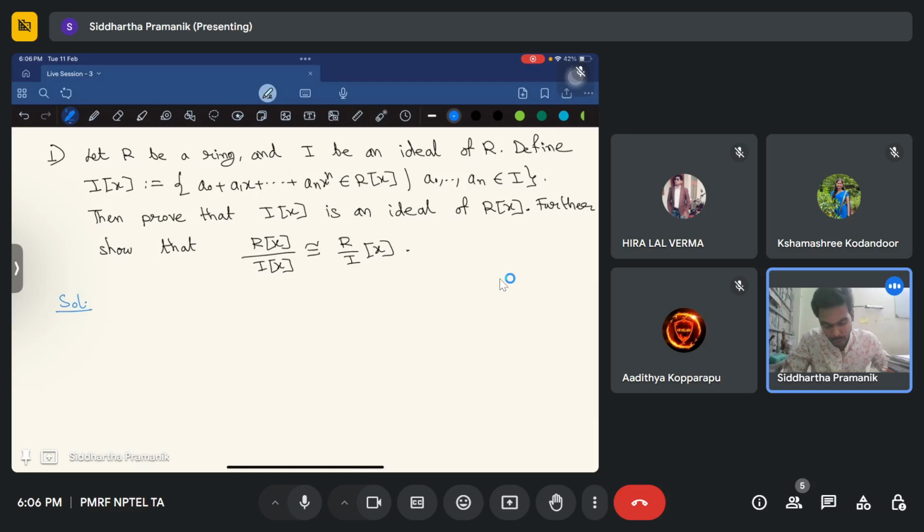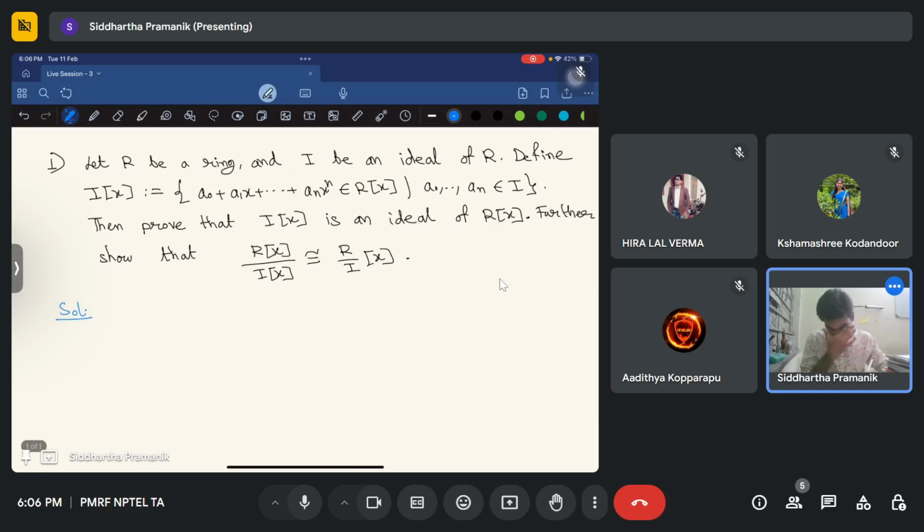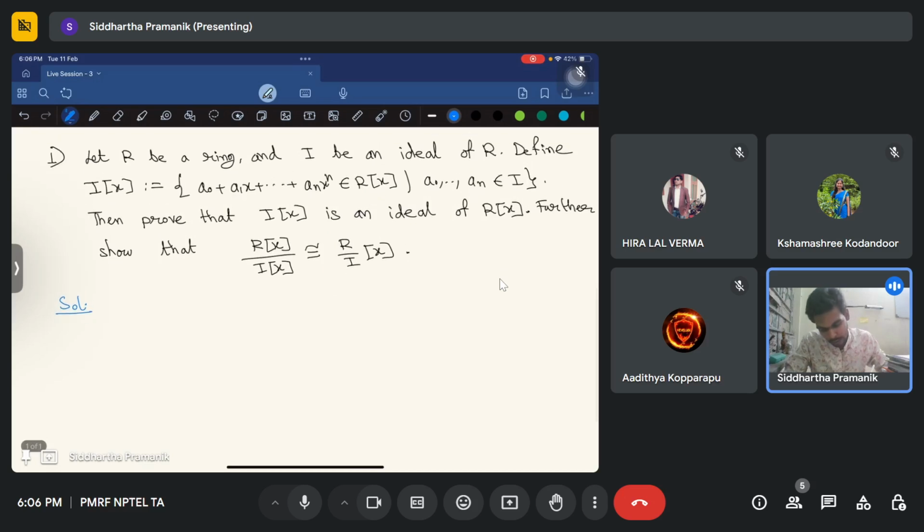I hope you have understood the problem. There are two parts to this problem. First, I[x] has to be an ideal, then we have to find this quotient. So I will do both at the same time.